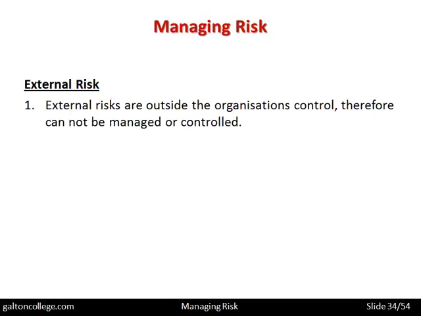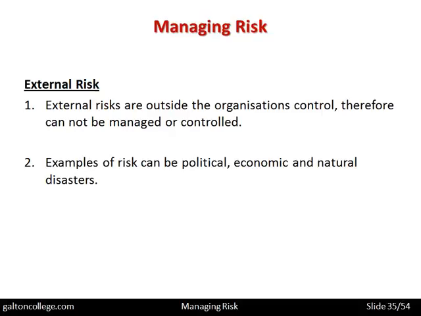Then there's external risk. External risks are outside of the organization's control, therefore cannot be managed or controlled. External risks are just the environment. They're within the environment. The organization can't do anything about them. These happen. It could be political, economic, and natural disasters.